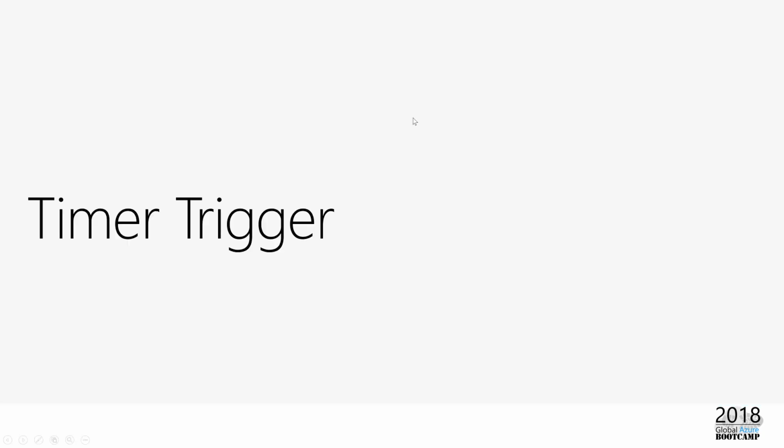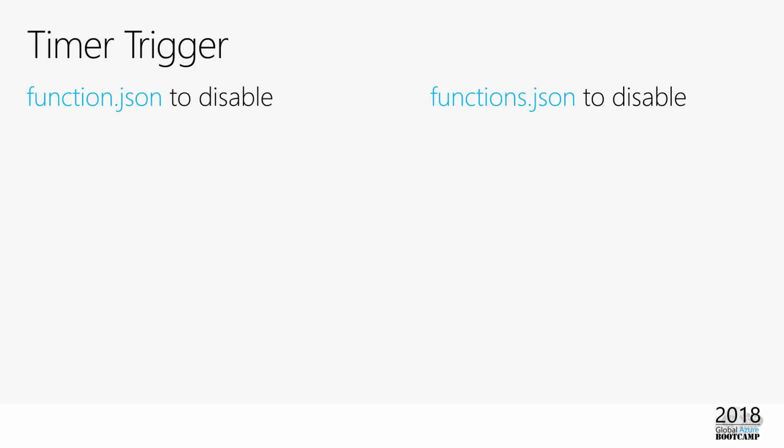Now, I'm going to show how the timer trigger works differently in version 1 and version 2. Actually, there are not many differences between them. The only hassle in using the timer trigger is that sometimes we need to stop it, right?